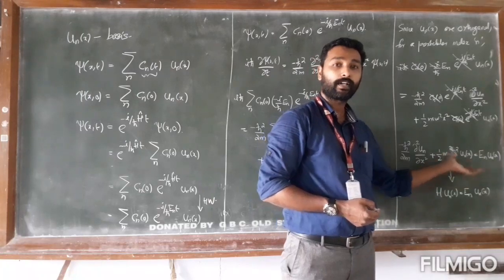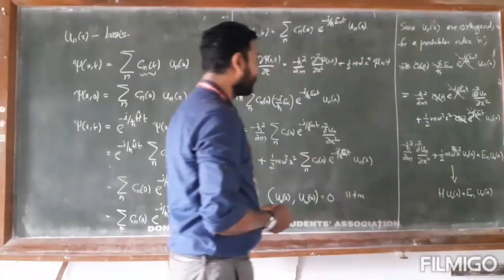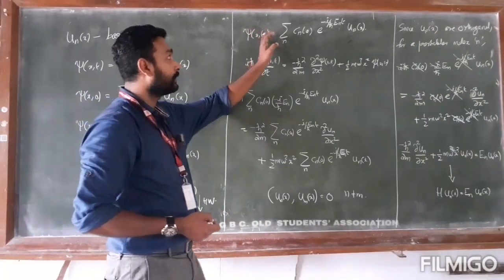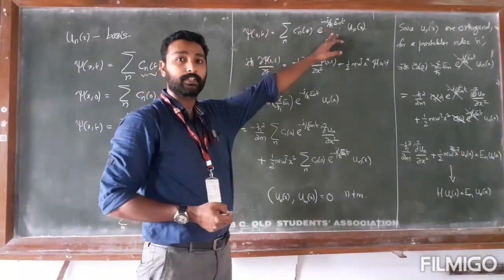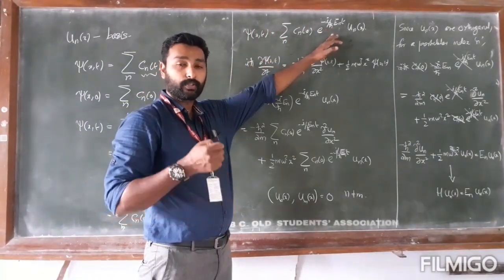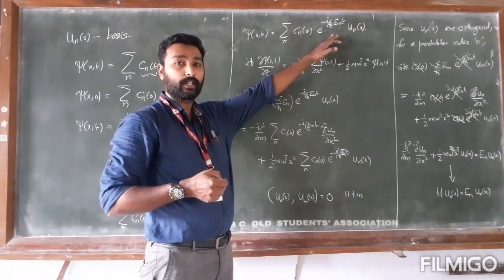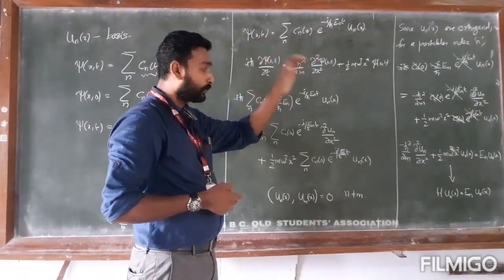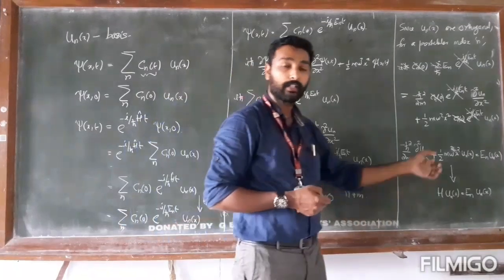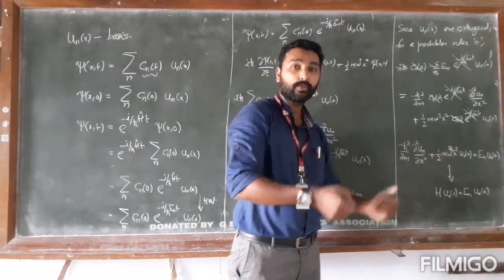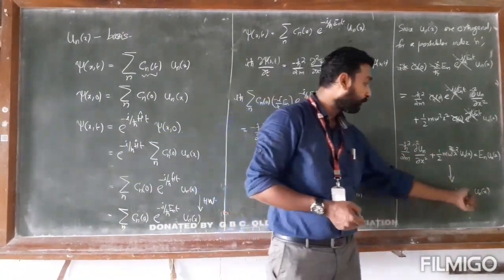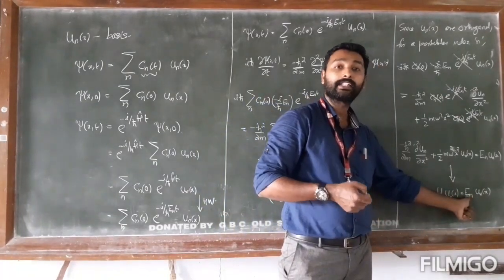Once you know what un of x is, then psi of x,t is very simple, because the time evolution you can find from this equation. For the time being we are not interested in the time evolution. First we will find the energy eigenfunctions, and once you find them, we can find the corresponding energy eigenvalues.